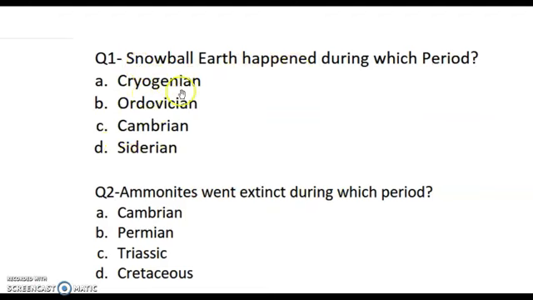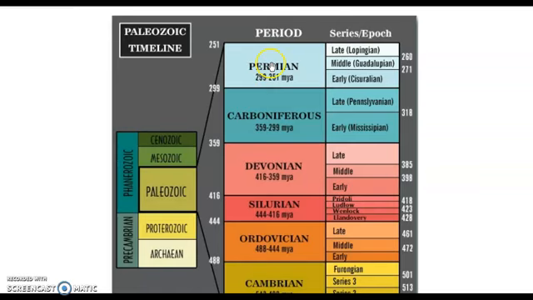Let's start. First of all, we will look at the geological time scale and see where the Permian sits. Here is the Permian, and it comes under the Paleozoic era, which itself comes under the Phanerozoic eon.